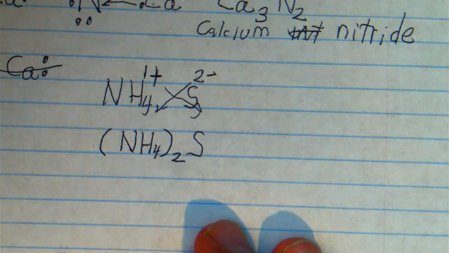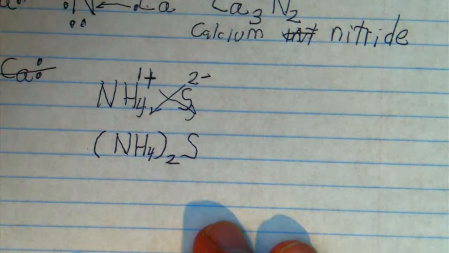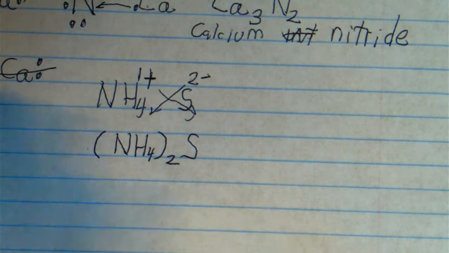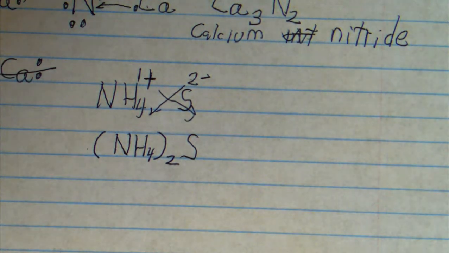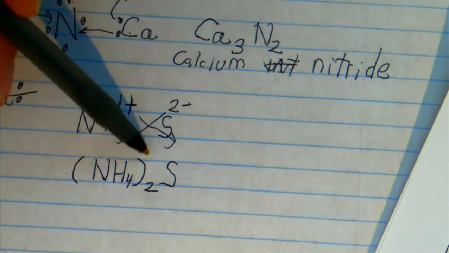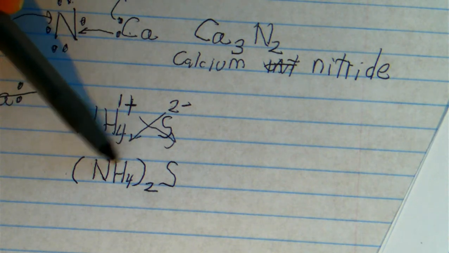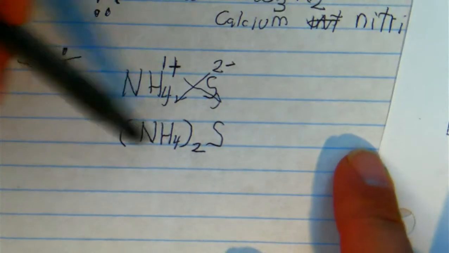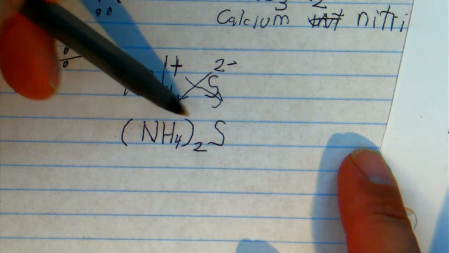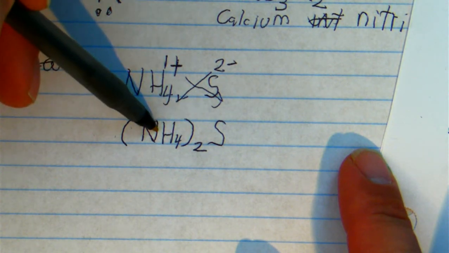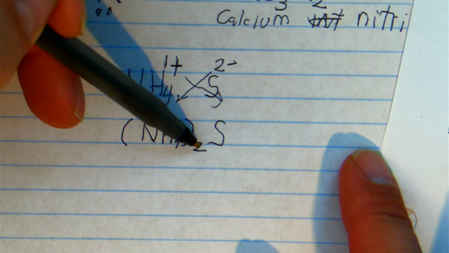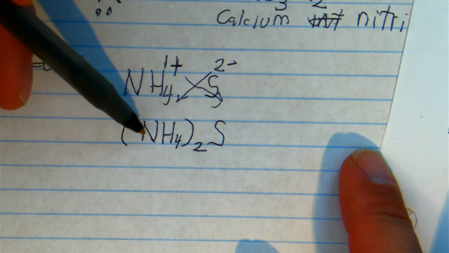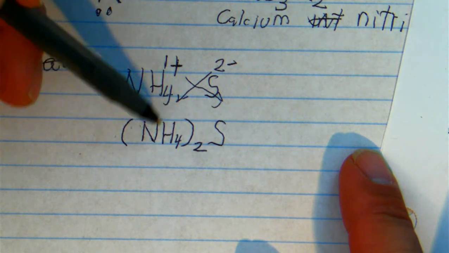Ammonium sulfide would be this presumably ionic molecule. Could be covalent, for all I know. Okay, so that's an example of how you deal with polyatomic ions. They have to be kept together as a group inside parentheses if you need more than one of them. The subscript goes on the outside, not individually on the inside.